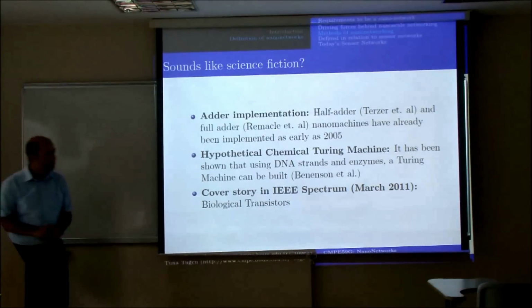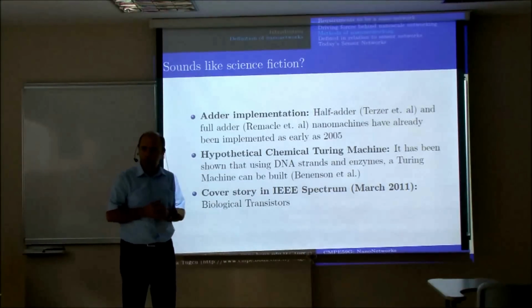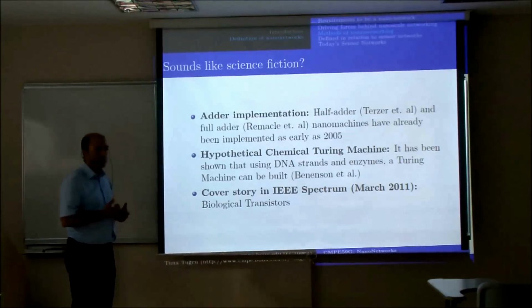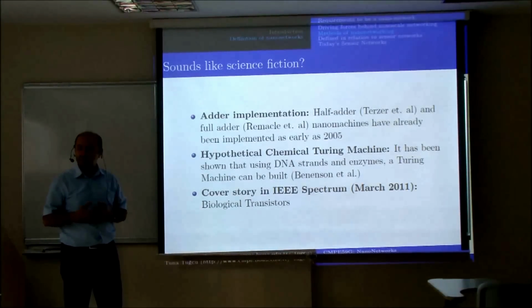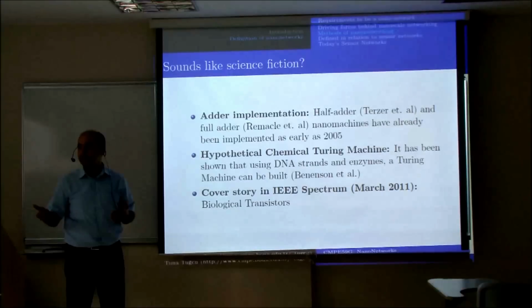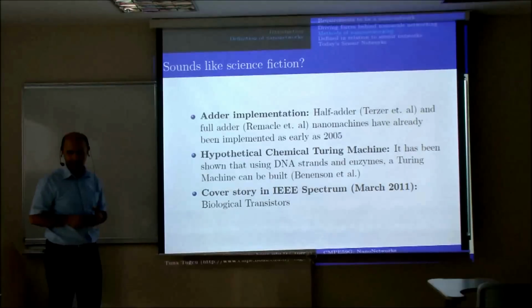You can have both. But when we talk about that biohybrid approach, people always take this as futuristic. Is it really futuristic? When I started this topic, the first thing I had in mind was implementing an adder. Because if you can do the addition, you prove that you can do many things. Okay? But I figured out that it was late.